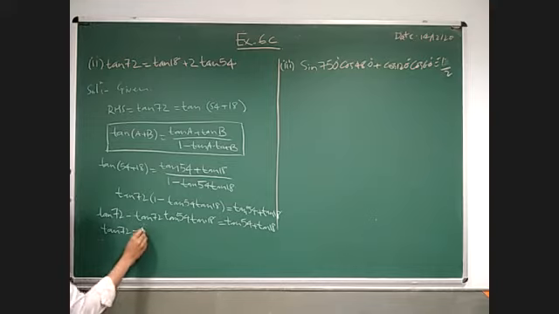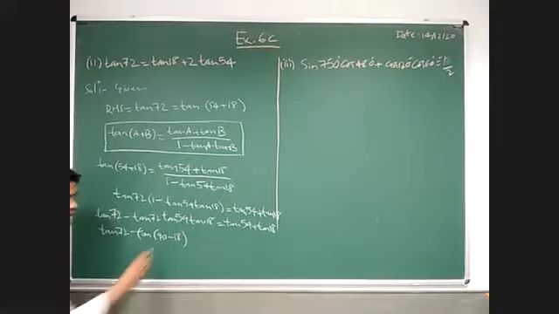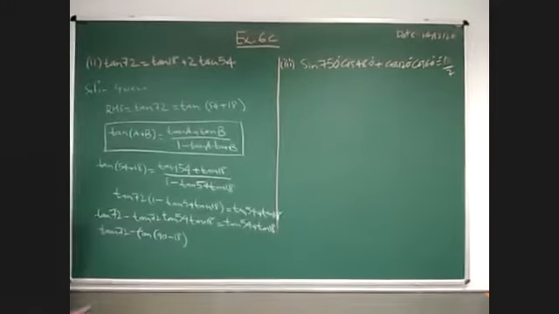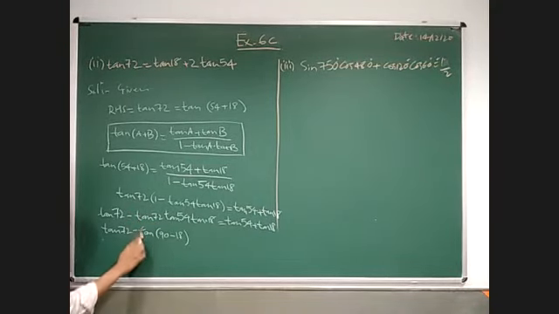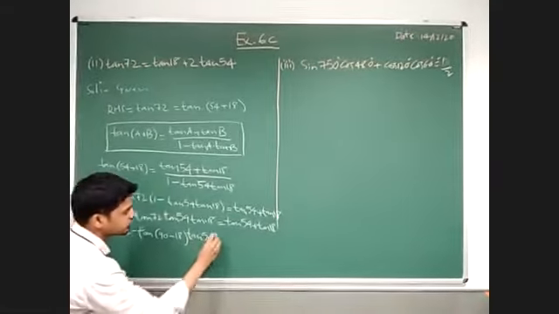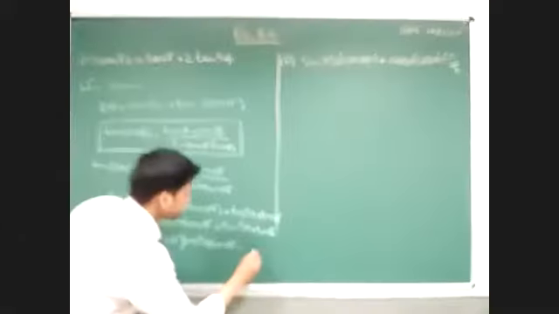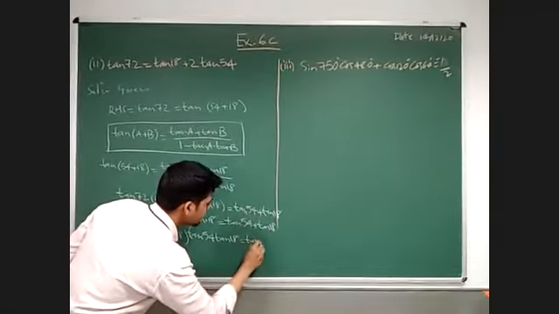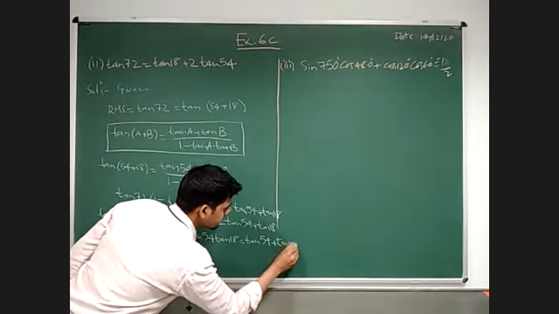tan 72 as tan(90 minus 18). I can write tan 72 as tan(90 minus 18). Then here tan 54, and here tan 18, and here the rest of the things, tan 54 plus tan 18.